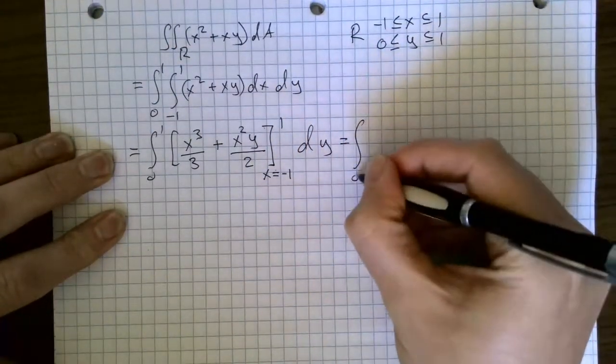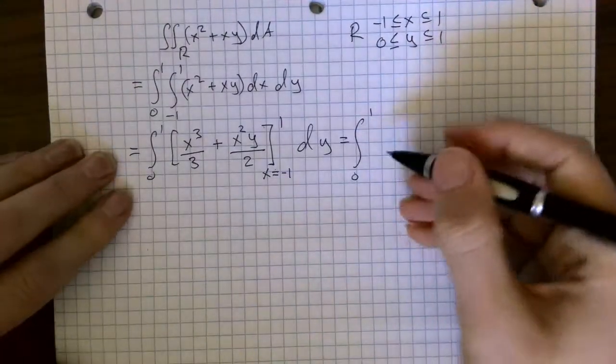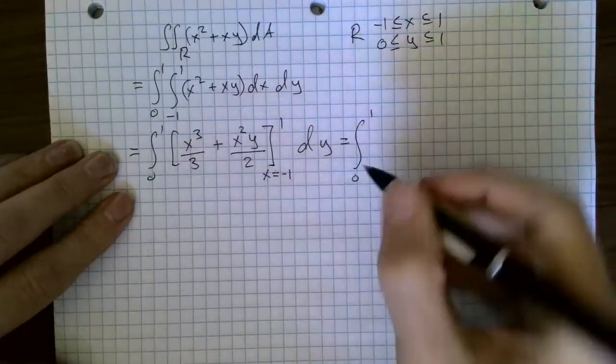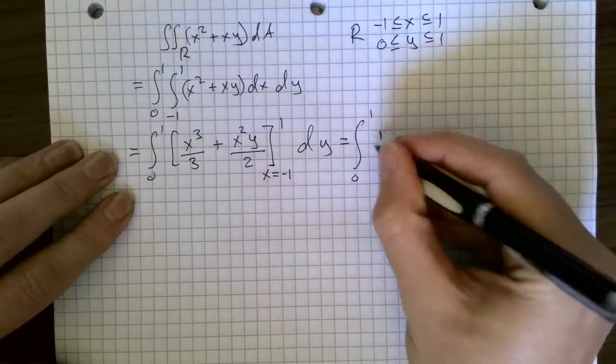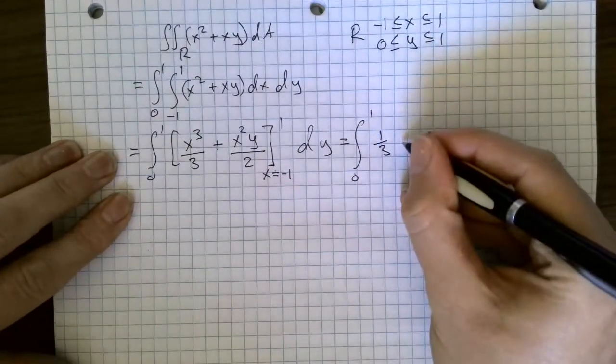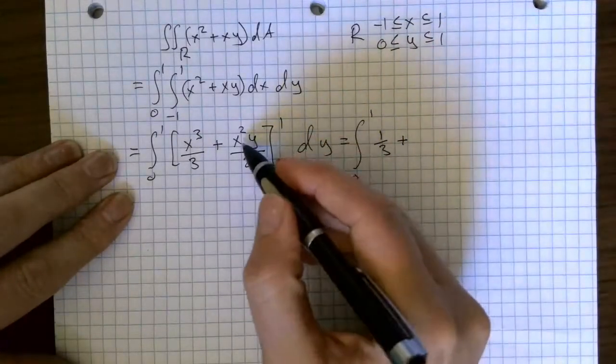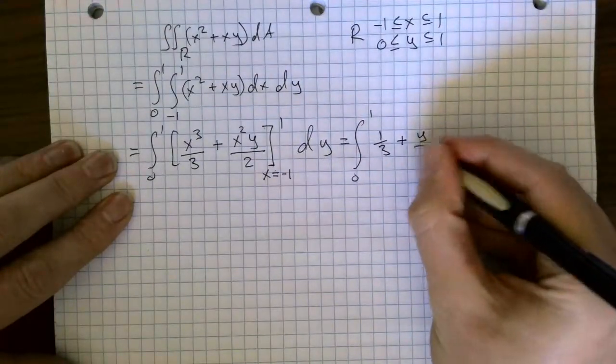So let's write down what that means. If I plug in 1, I will have 1/3 plus y over 2.